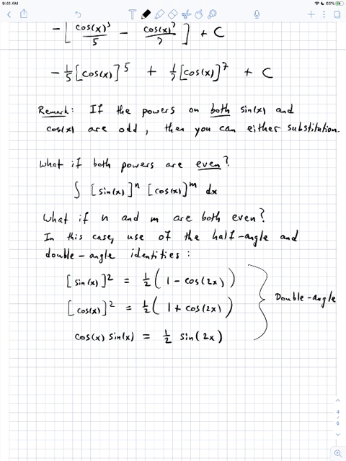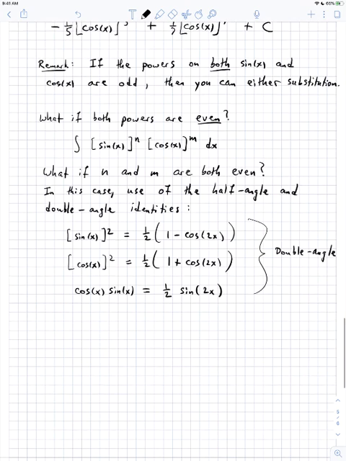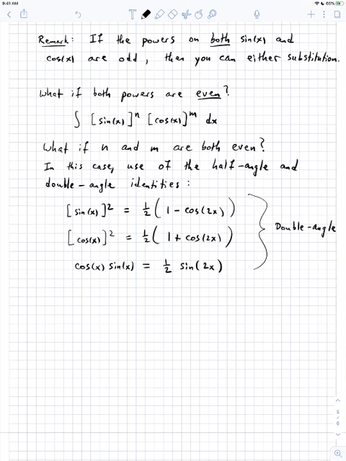Now, any one of these can give you a half angle identity if you just write it the other way around. So note, if we start with 1/2 sine of 2x, then that's going to be cosine x sine x. So I can just write this as sine of 2x equals 2 cosine x sine x.